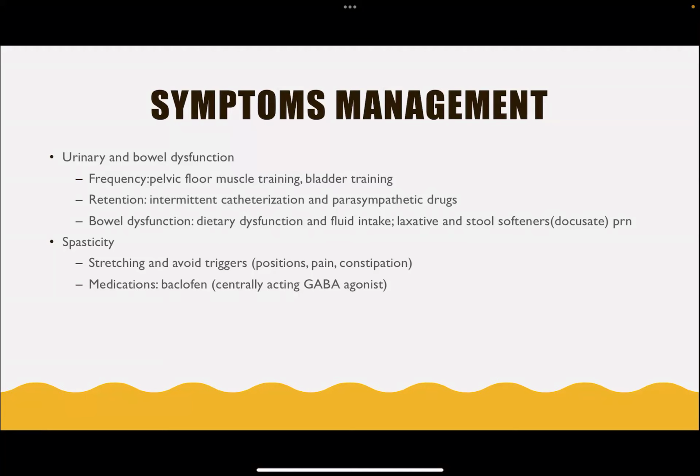For the bowel dysfunction, we should do dietary modification and increase the fluid intake, give laxatives, stool softeners as needed. Regarding the spasticity, we can increase the stretching exercises and avoid the triggers, such as position, pain, constipation. We can use medication, which is baclofen, a centrally acting GABA agonist.